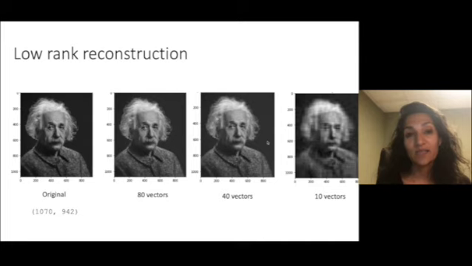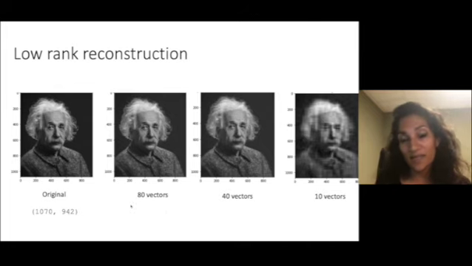And this is actually shown here on an image data set. So the original image data set has images with a lot of features. This has 1070 by 942 pixels. So the number of features is this value here times this value. But suppose we don't want to store so many features. Can we get away with storing fewer? This is the reconstruction of this image using only 80 features.